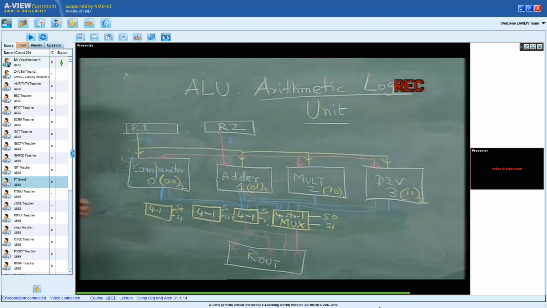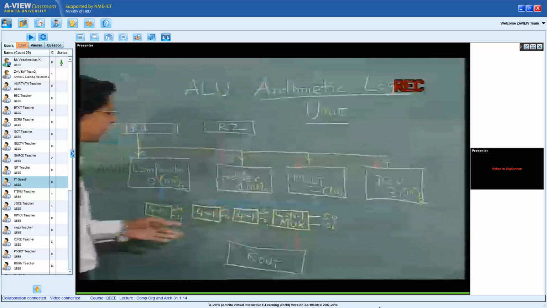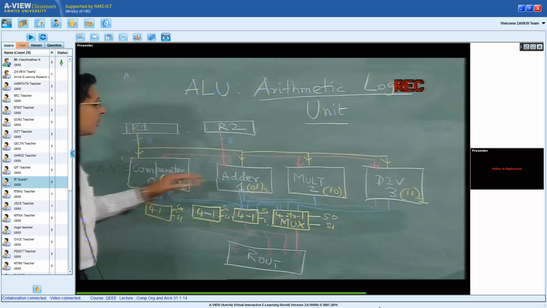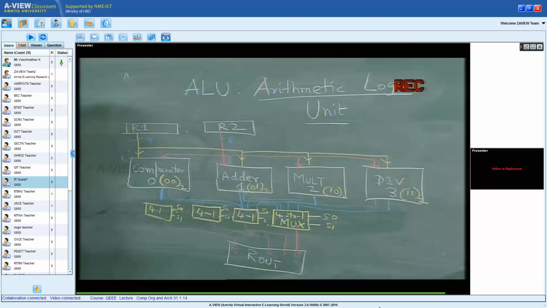So, depending on what operation I want, I can adjust this select bit and collect the necessary answer from any one of these 4 arithmetic units, and that is how a simple ALU can be constructed.